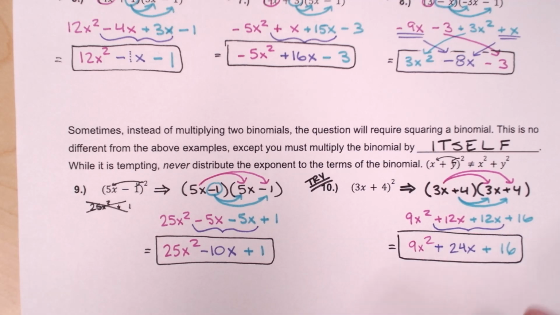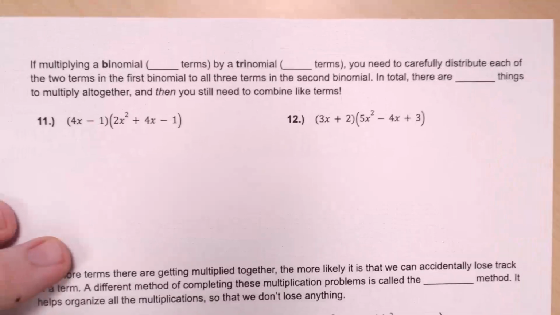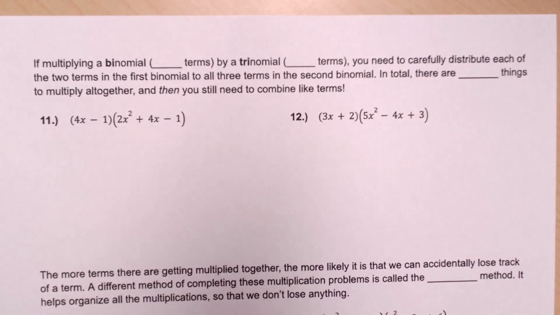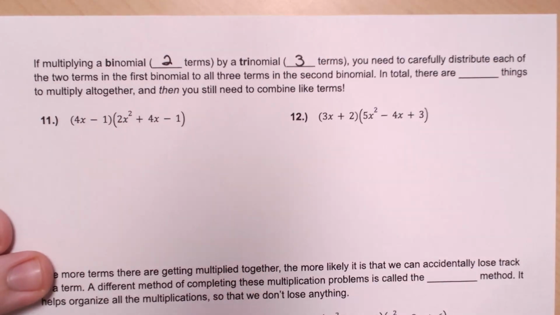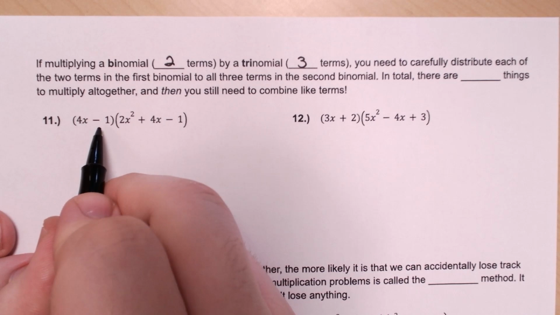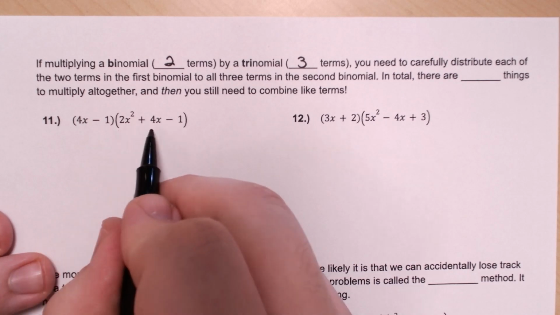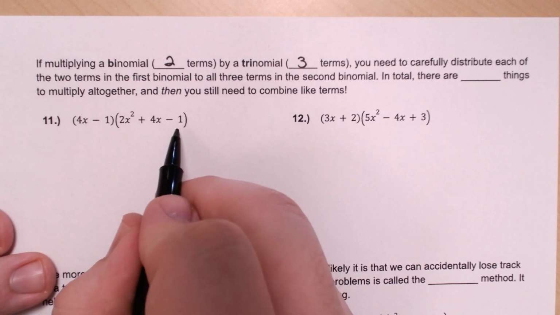Okay, let's flip our papers over to the back side. Here, these are going to be a little bit harder, because you can see we're multiplying a binomial, meaning something with 2 terms, and a trinomial, meaning something with 3 terms. 4x minus 1 is the binomial, 2x squared plus 4x minus 1 is the trinomial.